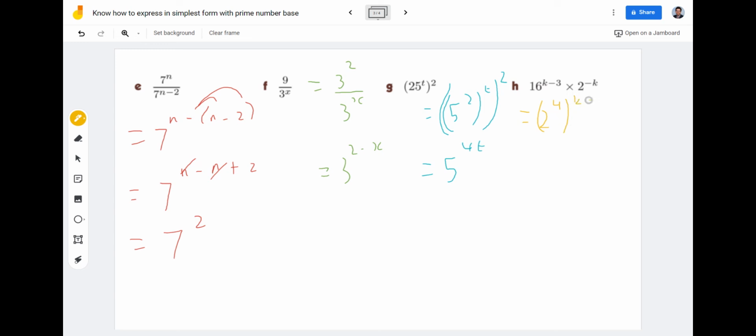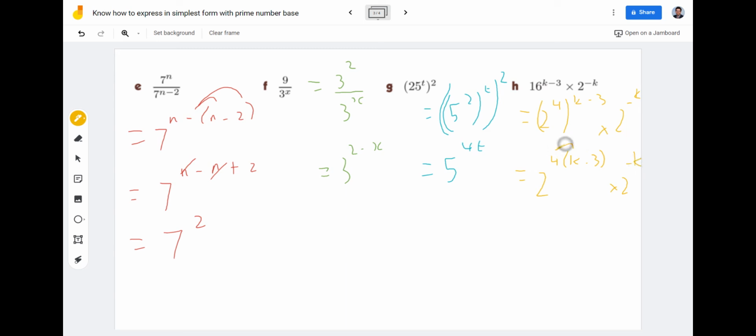to the power of k minus 3 times 2 to the power of negative k. Let's expand this out. That would be 4 bracket k minus 3 times 2 to the power of negative k.